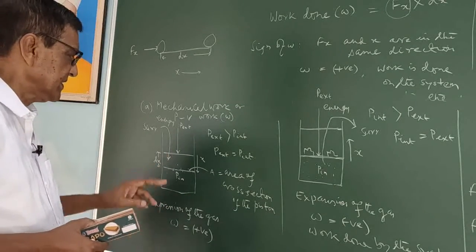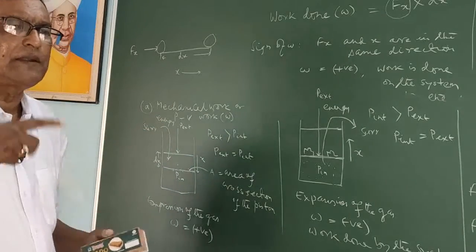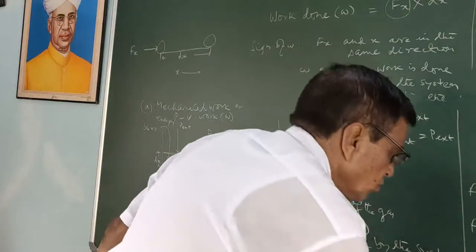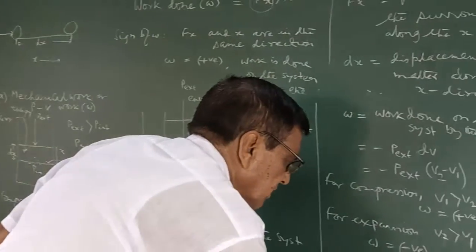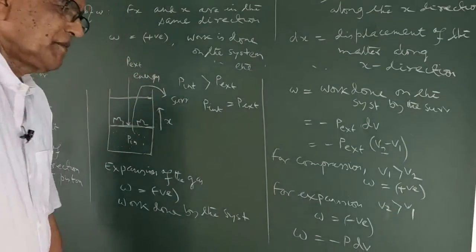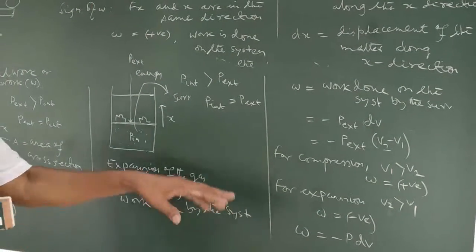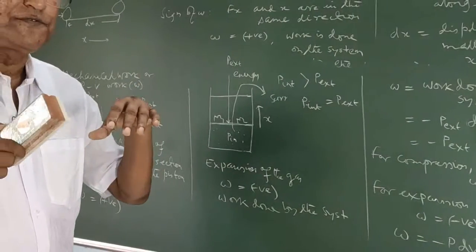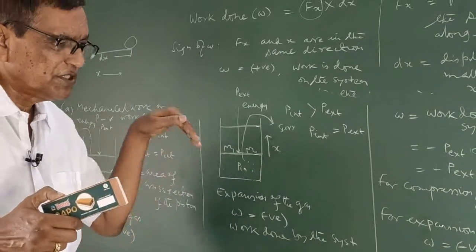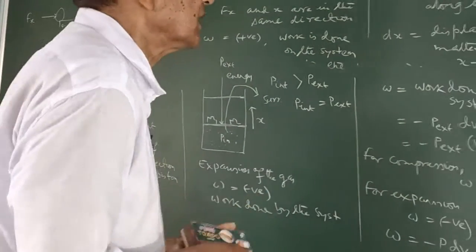In that case, the external pressure and internal pressure are both the same and can be written as P. So in that case, work equals minus P dV. P is actually the external pressure, but in a reversible process, at every step the system remains in equilibrium with the internal pressure, so external and internal pressure are the same.